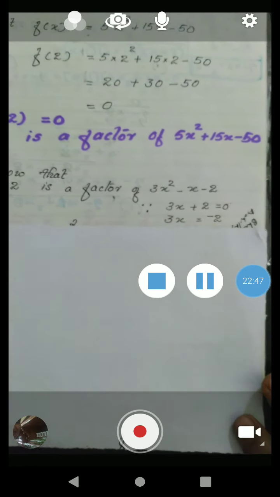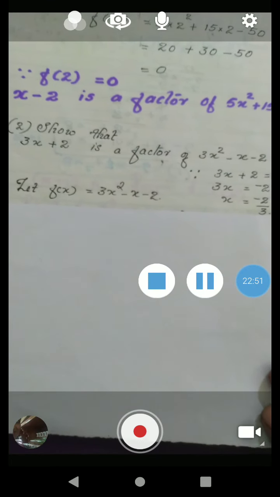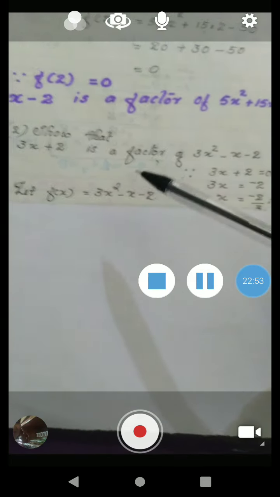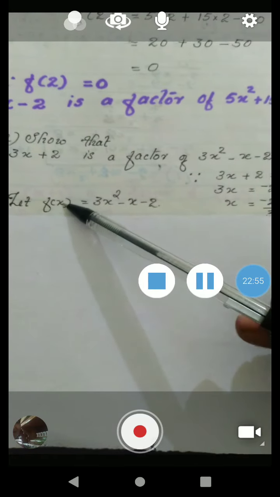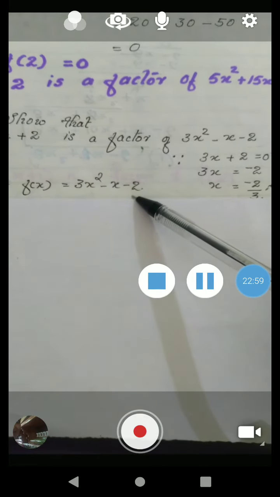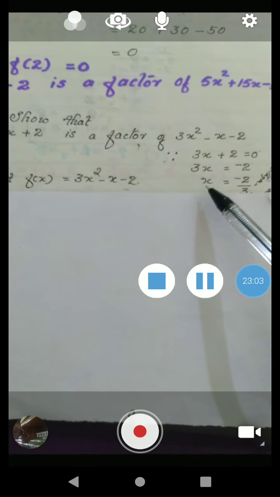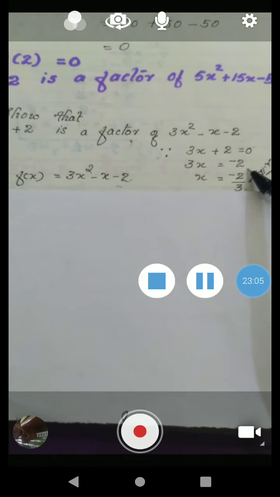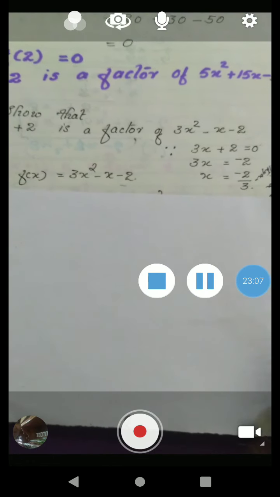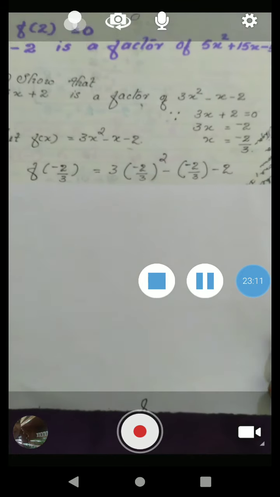Therefore, what is x? x is equal to minus 2 by 3. Now, we can start. Let f(x) is equal to this, 3x squared minus x minus 2. We can find what is f(minus 2 by 3). That is the remainder.